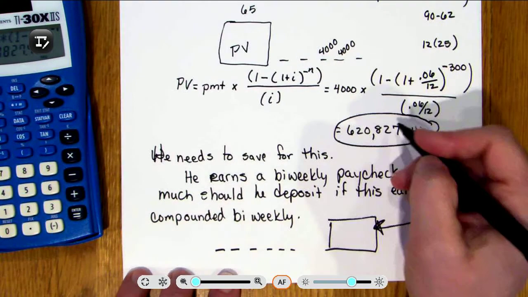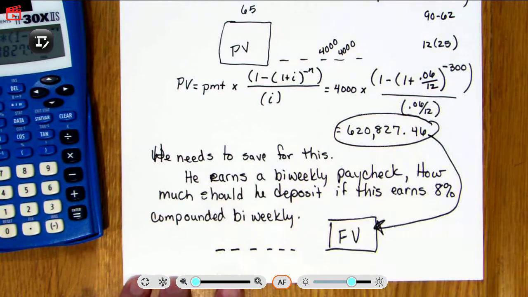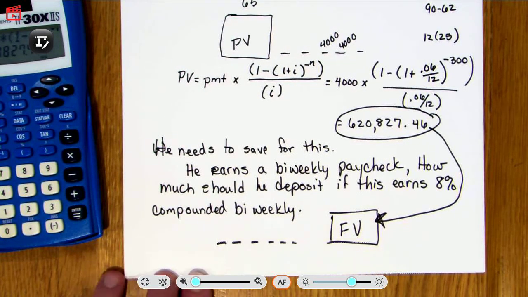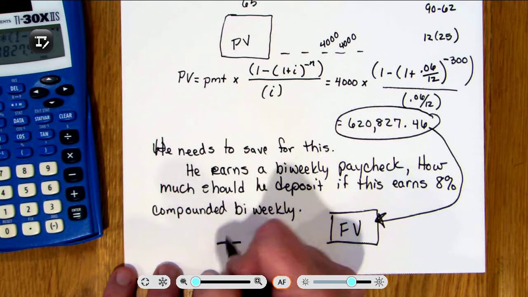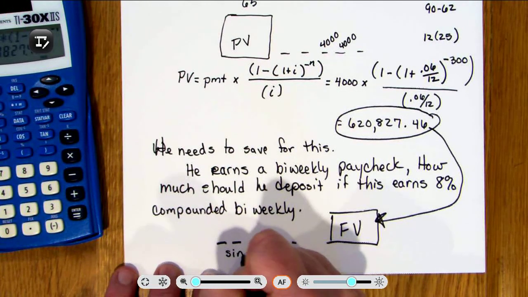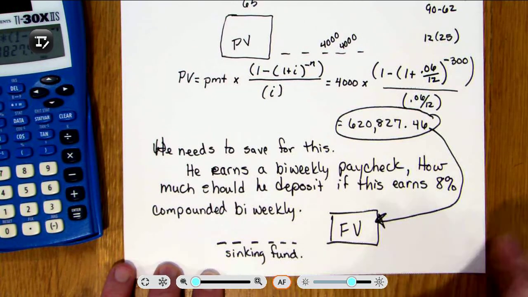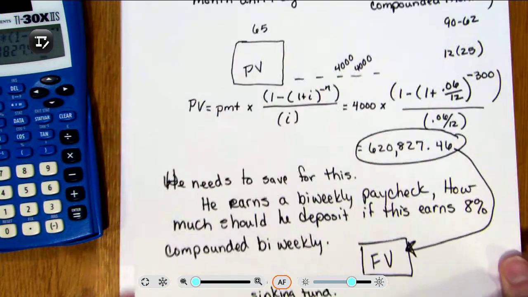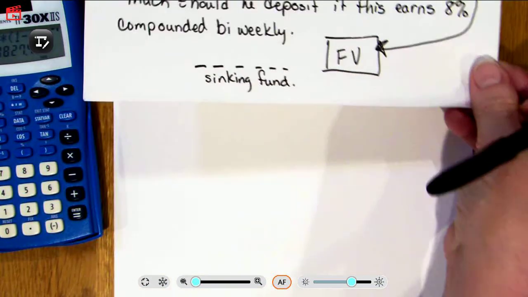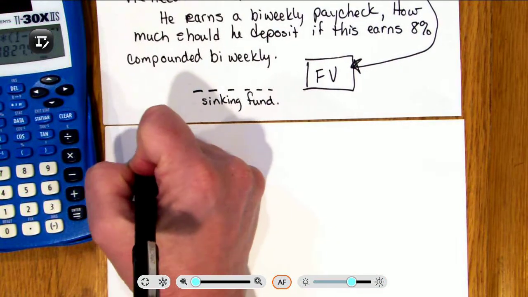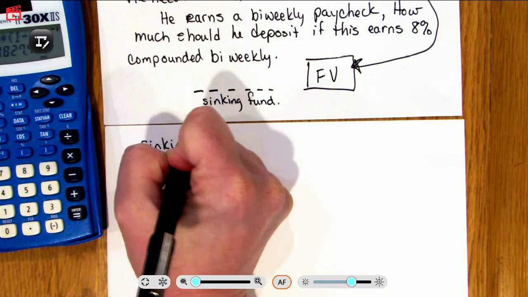This now turns into a future value. So we have to remember, what is the name of these payments that lead to that future value? That is referred to, again, as a sinking fund. So we're going to sink some money into the fund to earn that piece. Sinking fund payment.